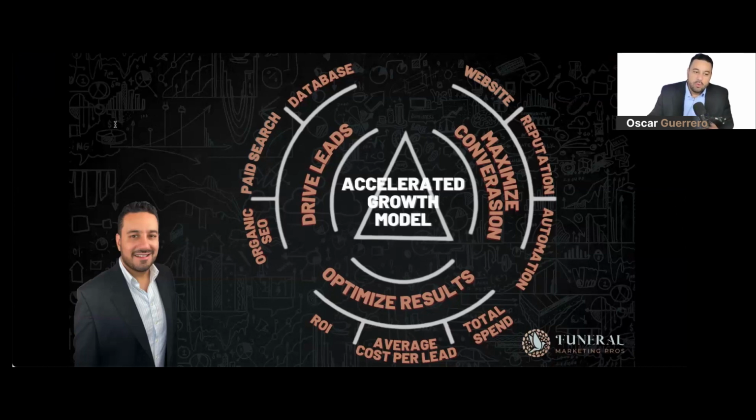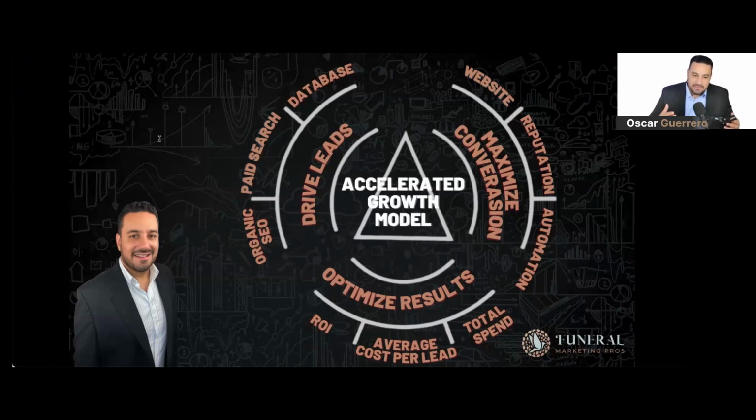So we drive leads through organic, making sure that our website comes up in the non-paid listings, making sure we're coming up in the directory listings, we're showing up where our customers are looking. And the great thing about organic is we don't have to pay every time somebody clicks on us, right? How do we get that done?